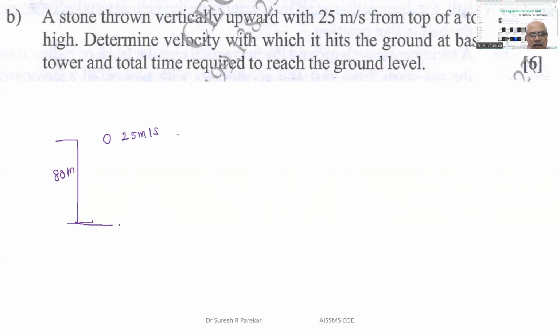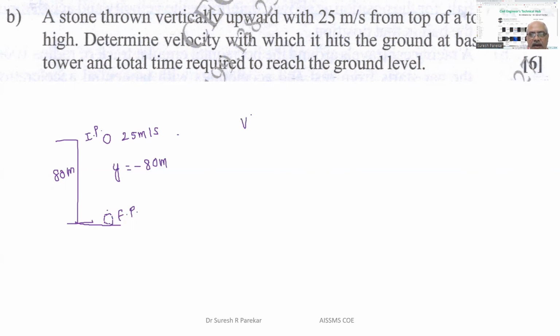So now this is the initial position, and now it will hit the ground, meaning it will come here, which will be my final position. So initial is above. So we have y equal to minus 80 meters, because the final position is below the initial position. And then we are interested to find the velocity with which it hits the ground.